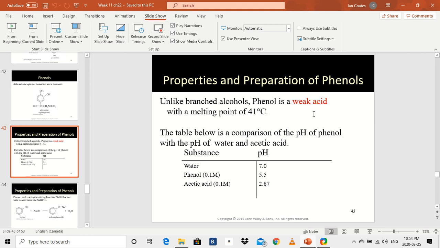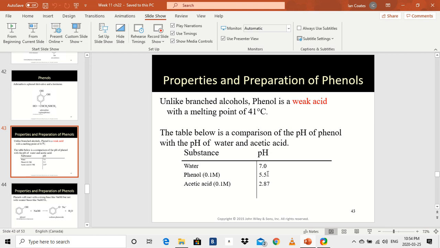It tends to stay there. The table below is a comparison of the pH of phenol with the pH of water and acetic acid. So there's the pH of water, which is neutral. Acetic acid has a good tang to it, right? So the pH is about 2.87. Phenol is in there, about milk.